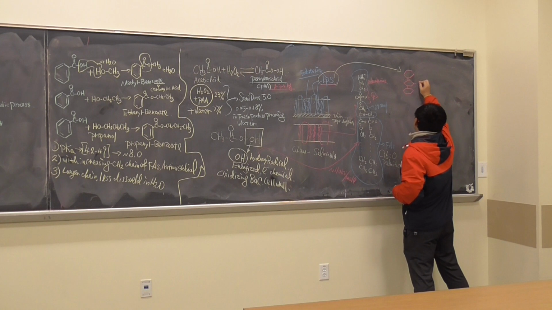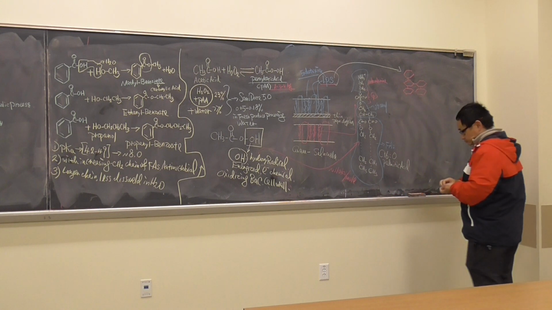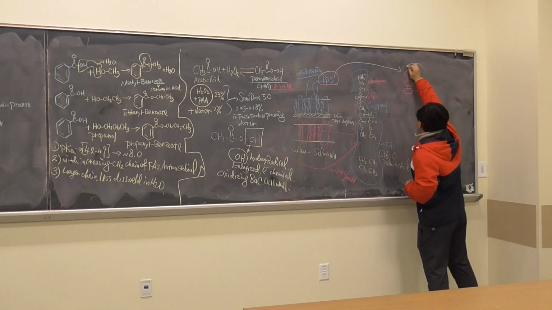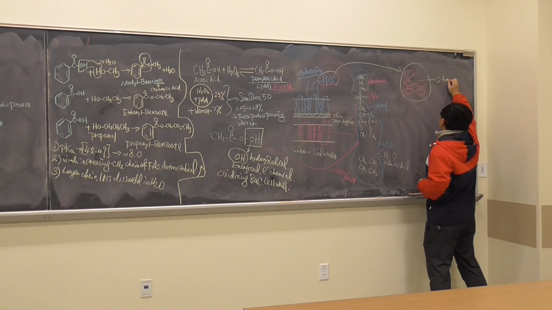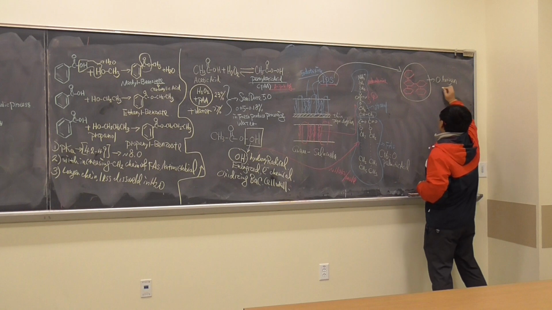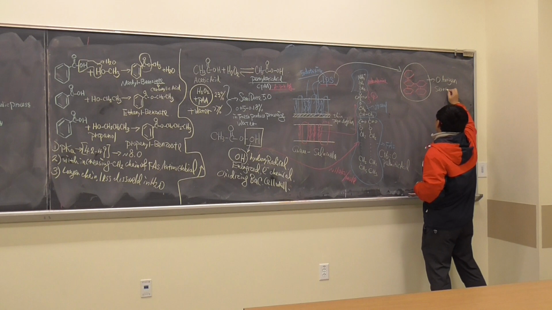Then you go here, some look like this. Then you go here, it looks like that. This area is the O antigen. It's a ceramic.